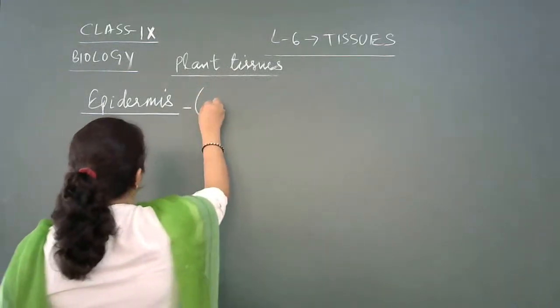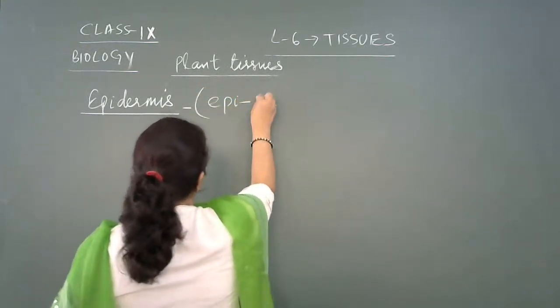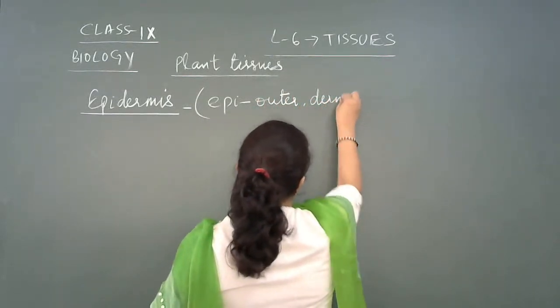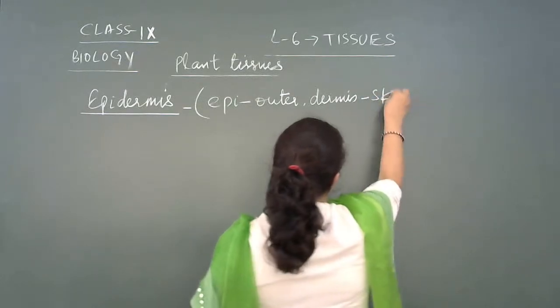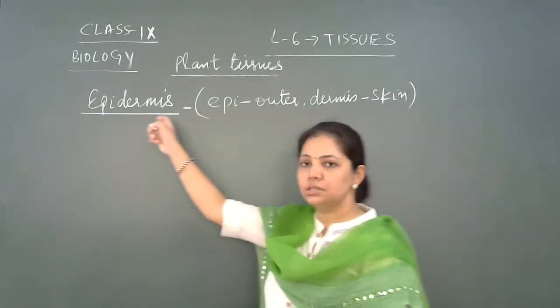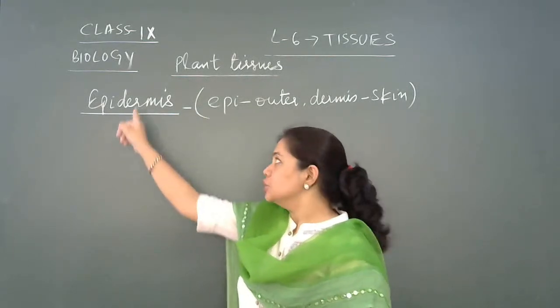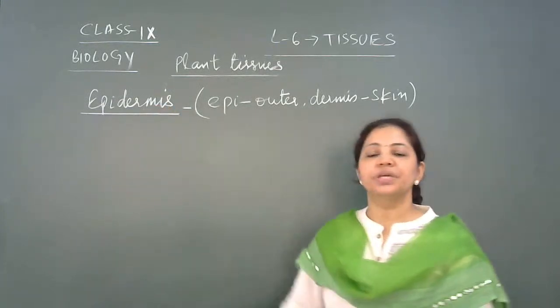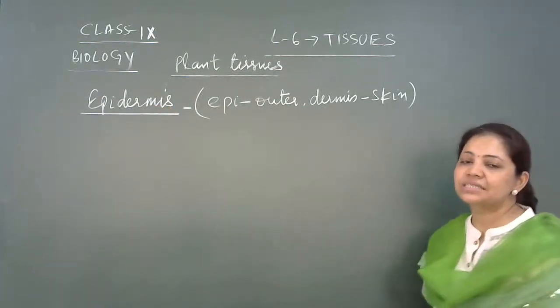So here is the word epi. It stands for outer, and dermis stands for skin. If you split the term itself, epi means outside, outer, and dermis means skin.